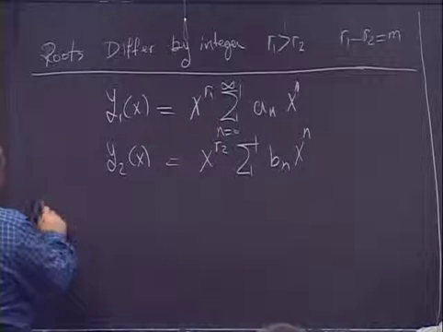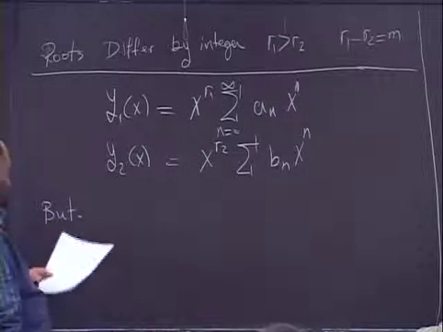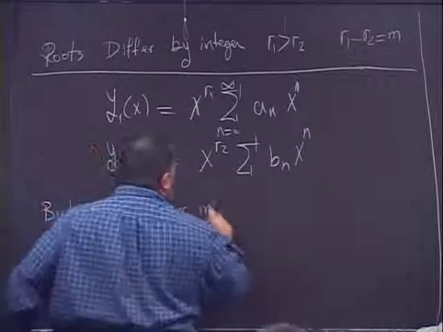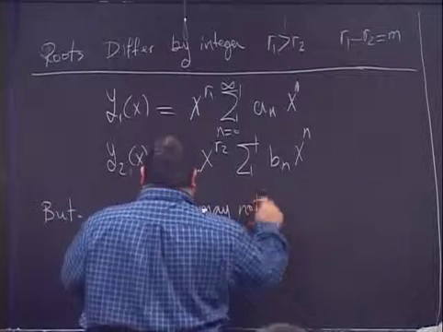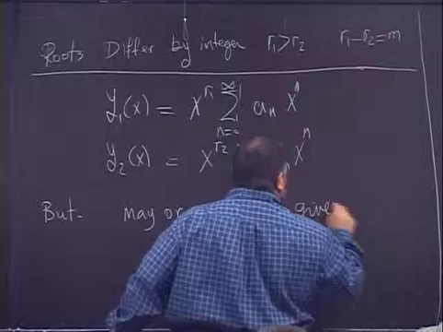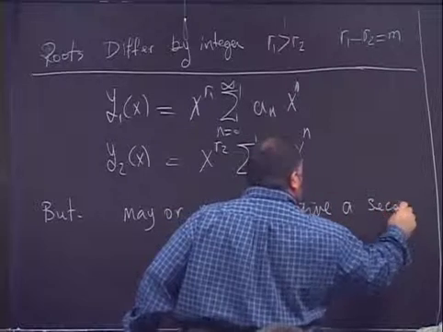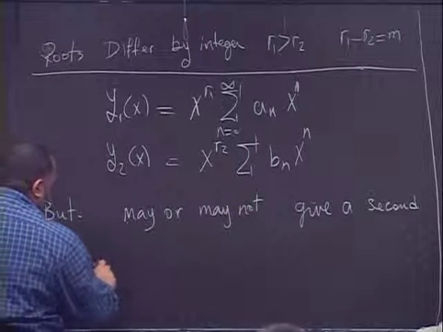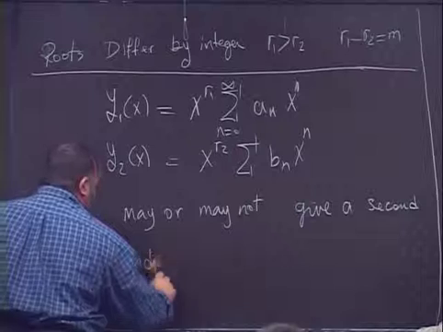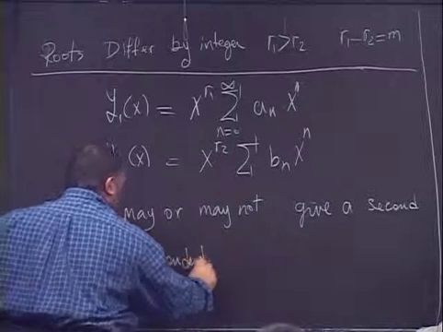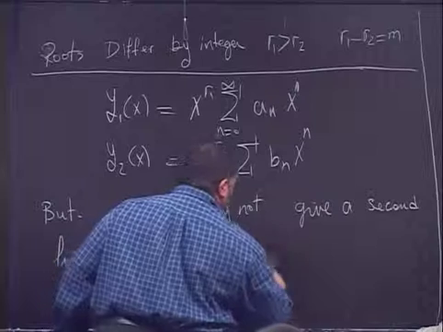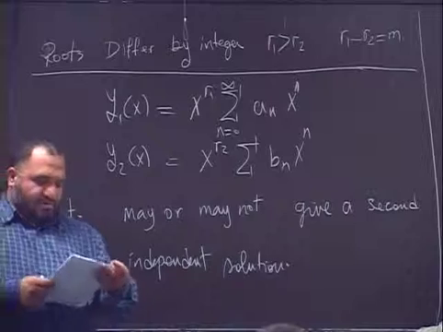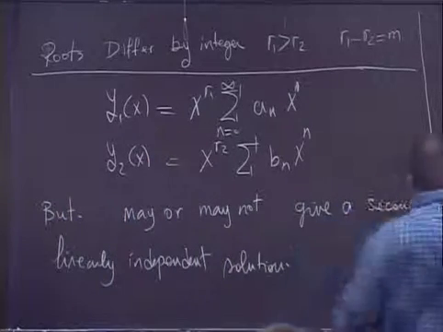But in this case, we have to take into consideration that this method may or may not give a second linearly independent solution. So this method may or may not give a linearly independent solution. So let's show how we will do it.